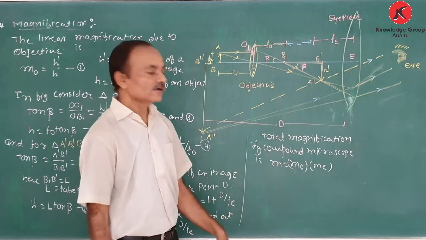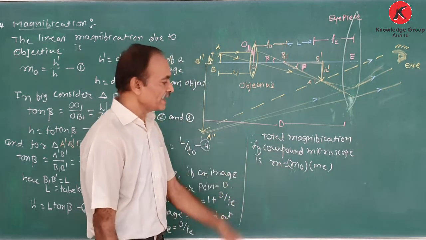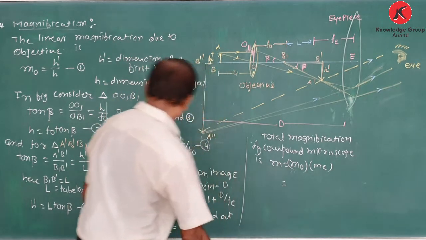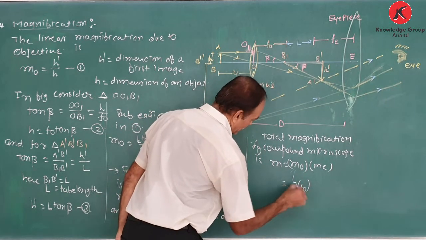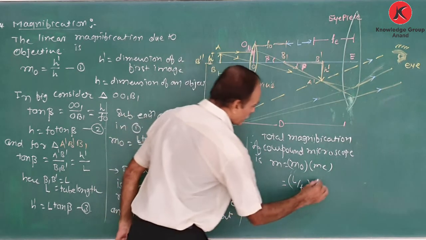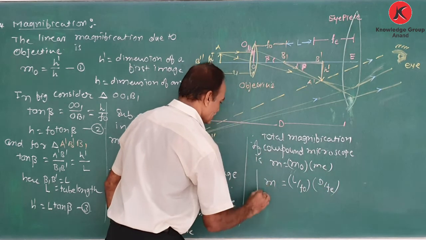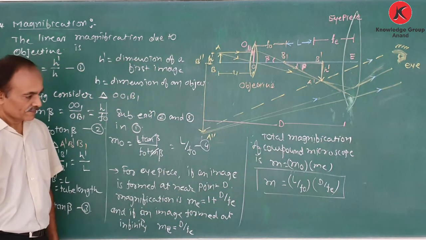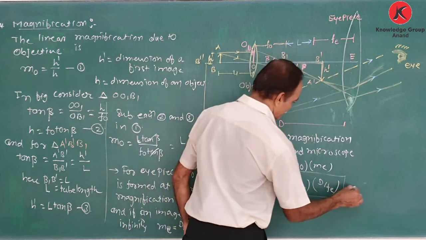Okay, so magnification is equal to the product of magnification of individual lenses. M0 into ME. M0 is equal to L upon F0. And here there is the D upon F. There is the magnification of compound microscope. So from this equation, there is equation number 5.